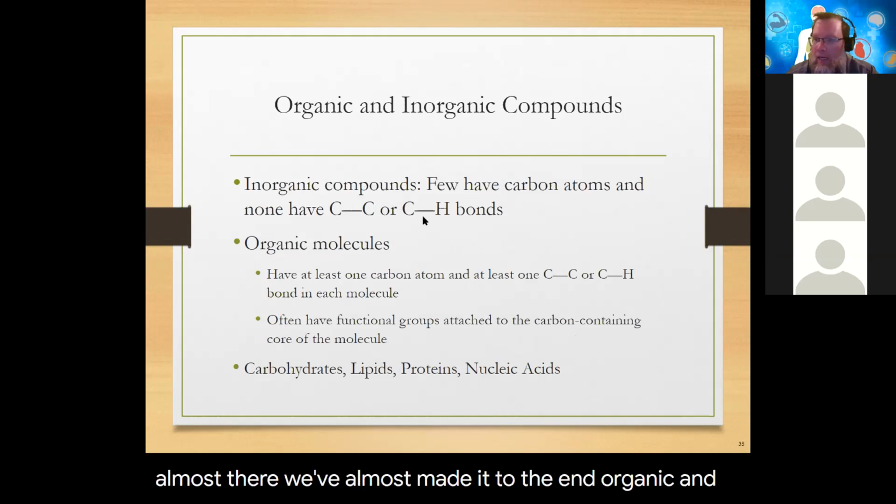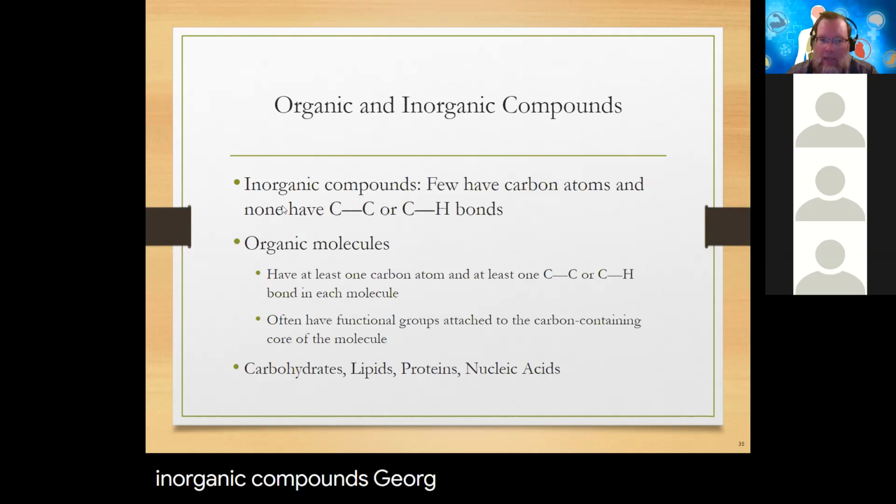Organic and inorganic compounds. Okay, organic compounds are going to have what we call carbon or carbon hydrogen bonds. In order for a molecule to be organic, it has to have a carbon and a carbon bonded together, so at least two carbons, or a carbon and a hydrogen. So how about carbon dioxide?